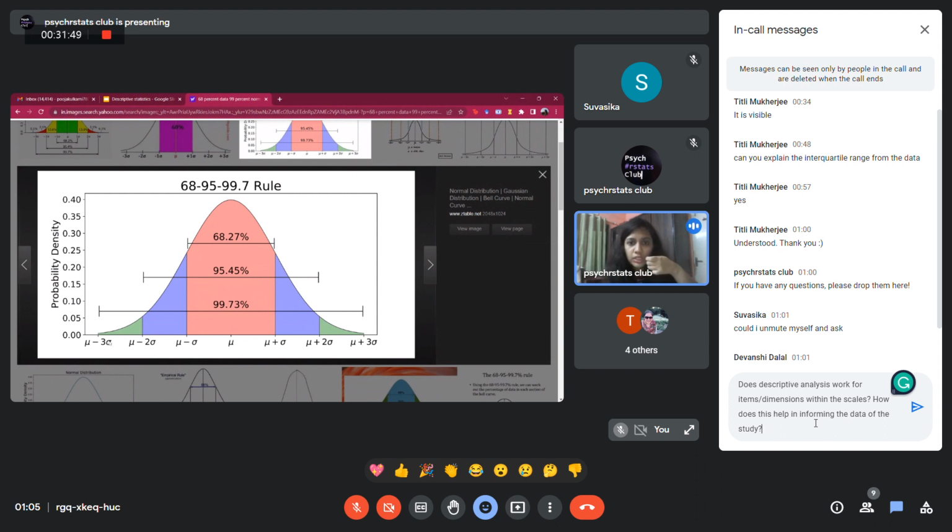Your question was if it is right to assume that most of your data would fall between this score. The most frequent values you see would fall here, within 1 SD and minus 1 SD. So yes, 68% of your data would fall between this.